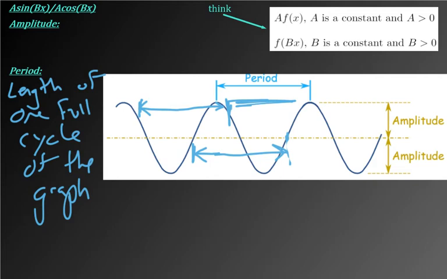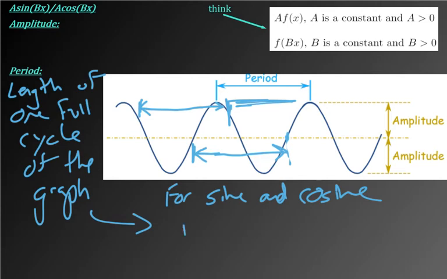There is a nice little formula that I want you to know for sine and cosine, okay? It's also going to be for cosecant and secant, but we'll talk about that. The period, which I'm just going to write as p here, is always equal to 2 pi divided by b, where b is the number in there that acts as your horizontal stretch or compression factor.